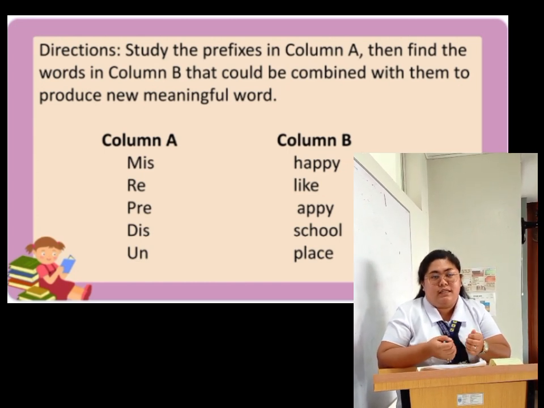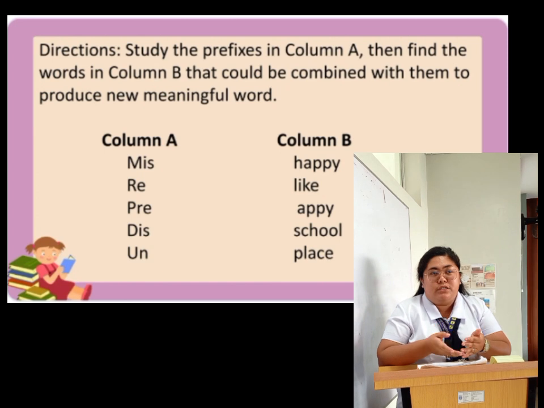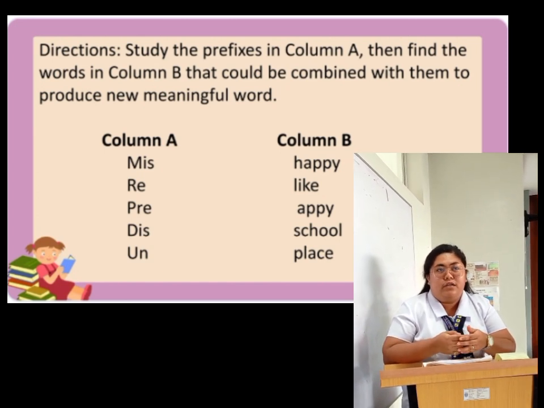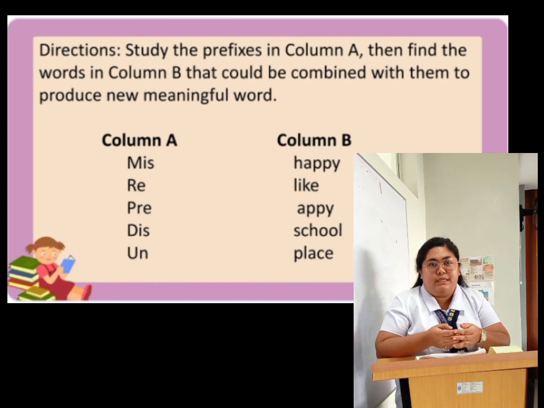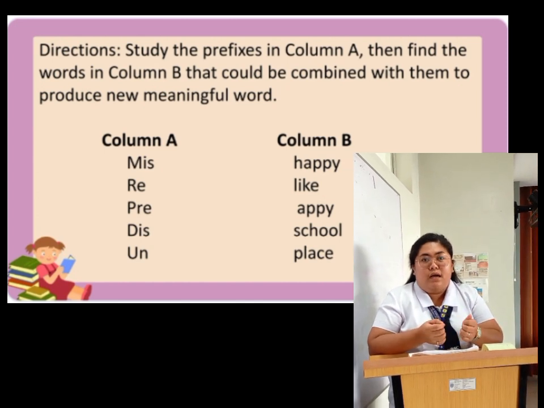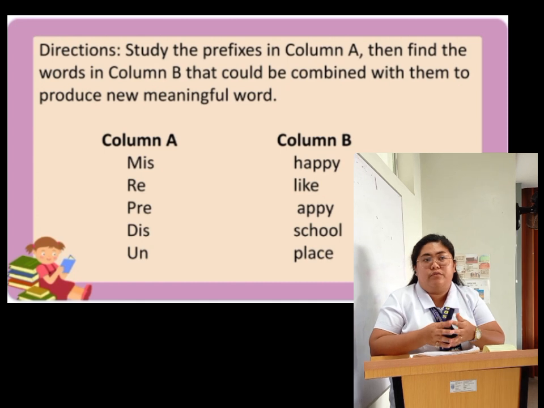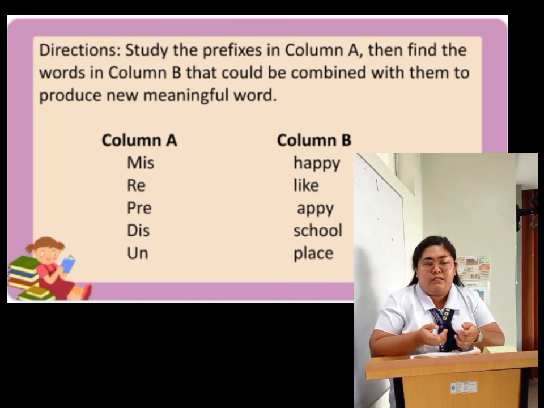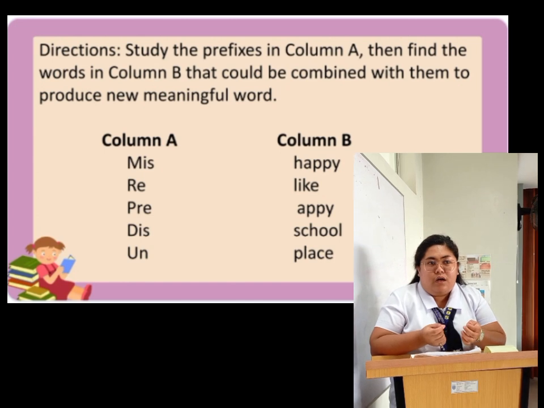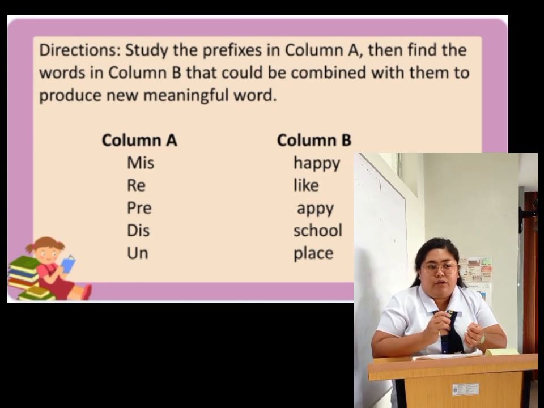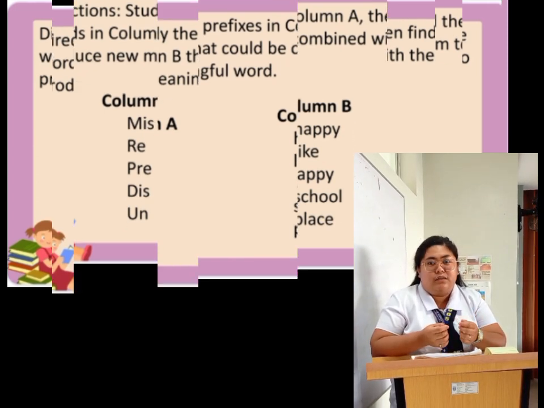In column A, the words are miss, pre, this, and on. On the other side, column B has happy, like, school, and play. For example, if we connect this and like, it will go with the word like.